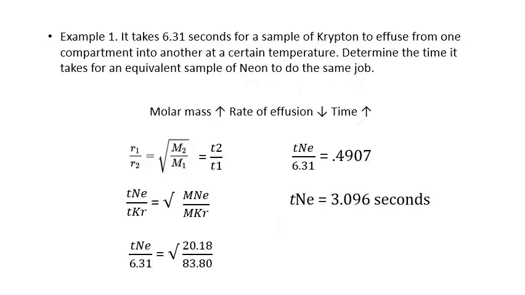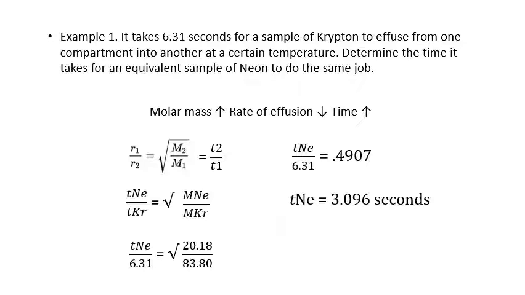You should get 0.4907. Using cross multiplication, you multiply the time of neon by 1, and then you multiply 6.31 by 0.4907, and you'll get 3.096 seconds. That's how long it takes for neon to do the same job.